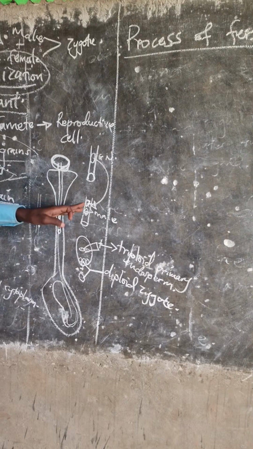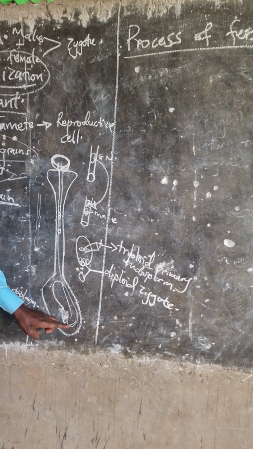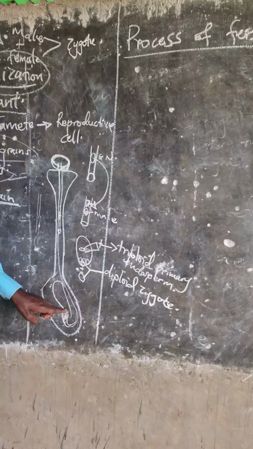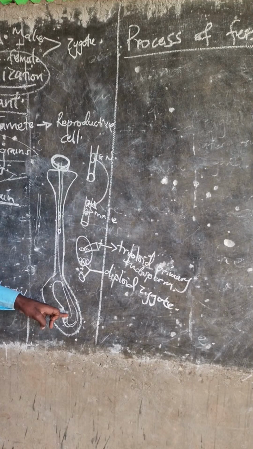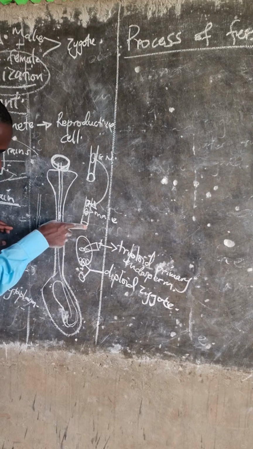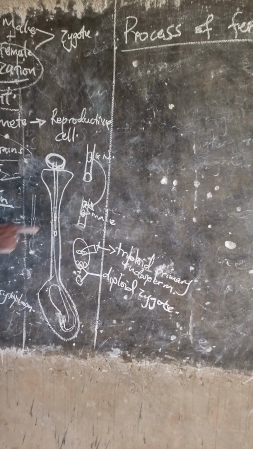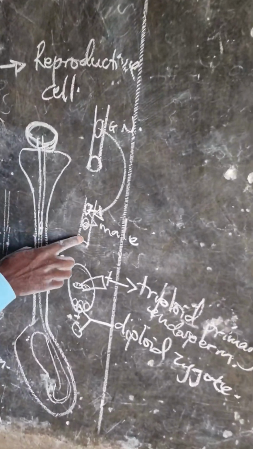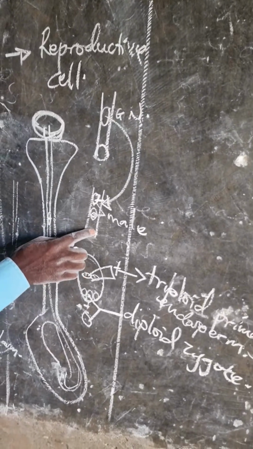So as the pollen tube reaches or enters the ovule through the micropyle, the tip of this pollen tube ruptures or bursts. When it bursts, this pollen tube nucleus disappears.